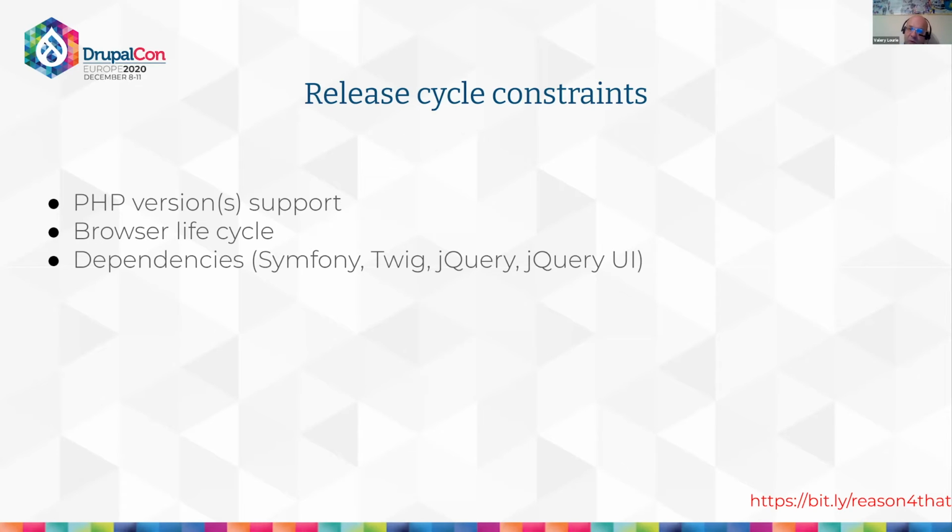So when we talk about Drupal, the biggest dependency of Drupal 8 and 9 is Symfony, which has its own release cycle. It has requirements for every version. It has a clear policy for deprecation of older components. It has a clear policy for adopting new PHP versions.